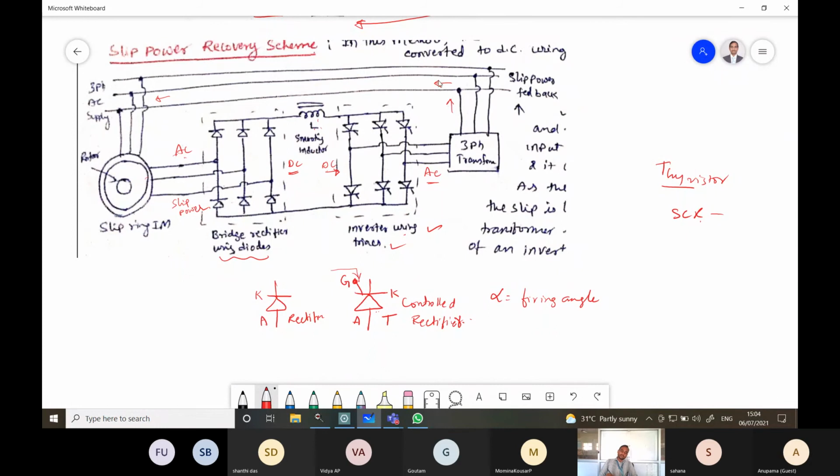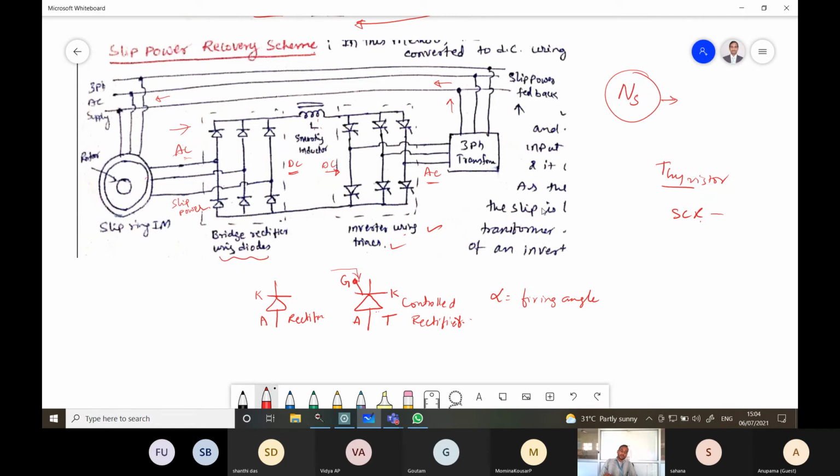As the slip power flows only in one direction, this method offers speed control below synchronous speed, that is Ns. So the speed control can be achieved for below synchronous speed.